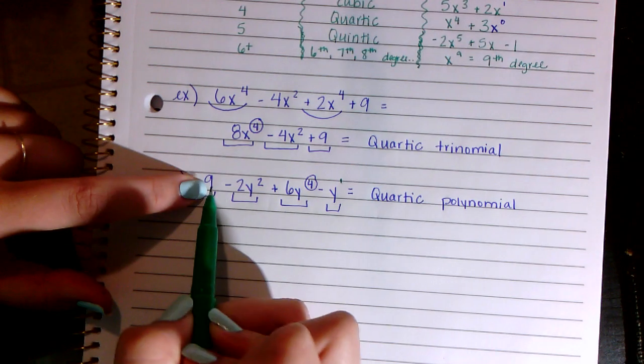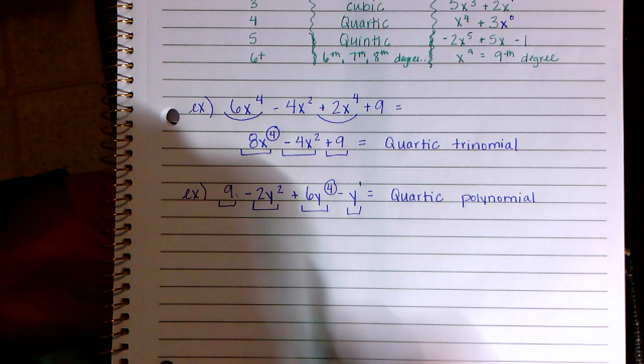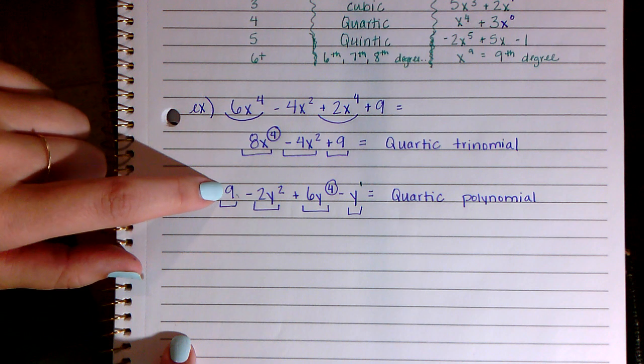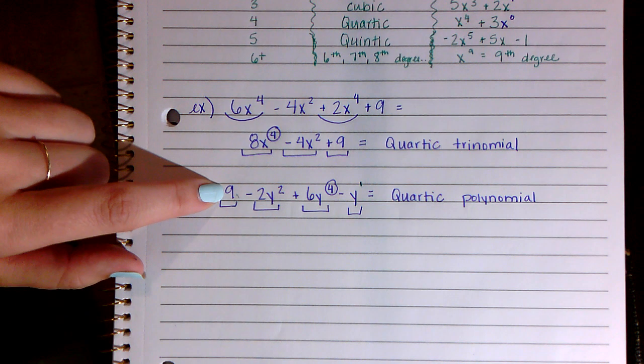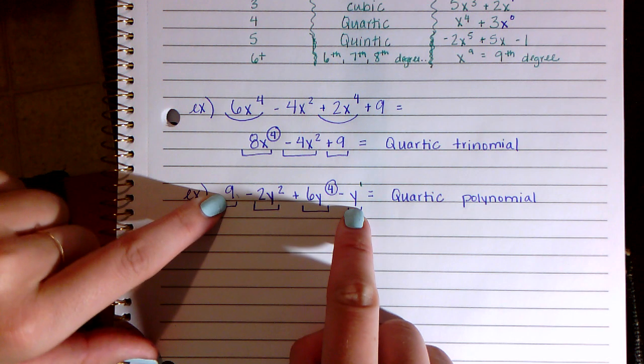Because if I added a y to this, it changes the value of this. This is no longer just a 9. It becomes a 9y. And a 9y and a y are both talking about just y's.